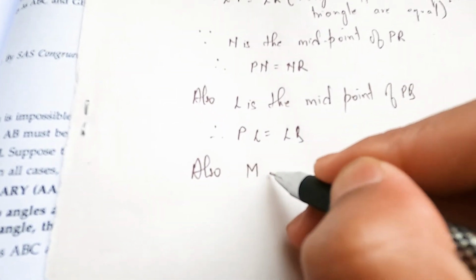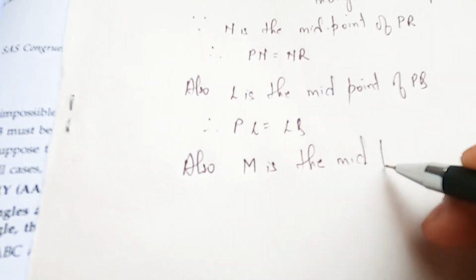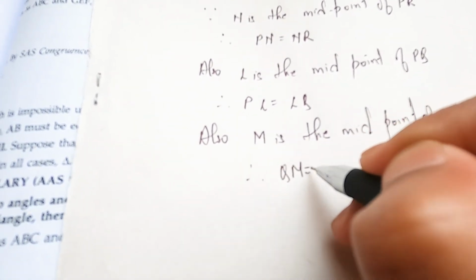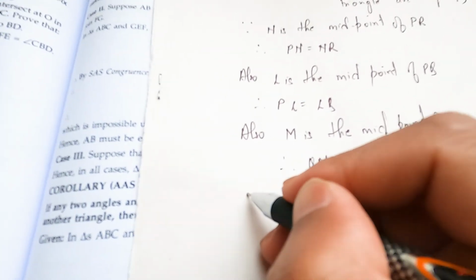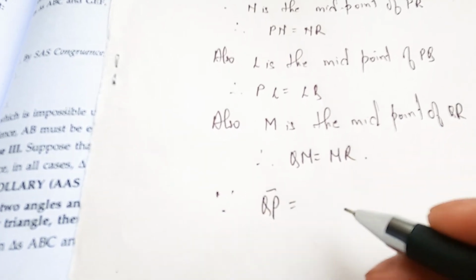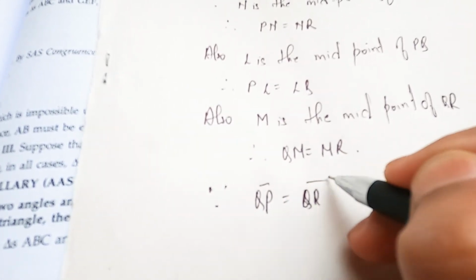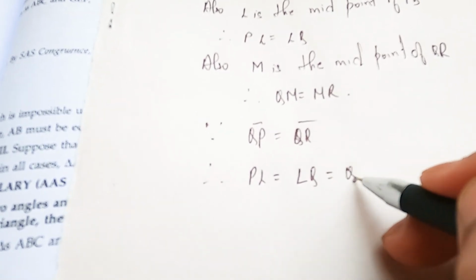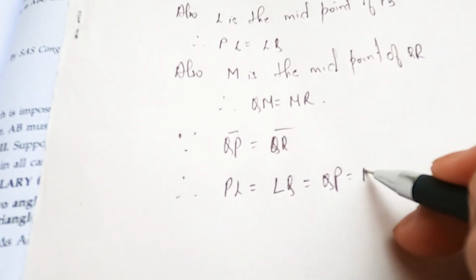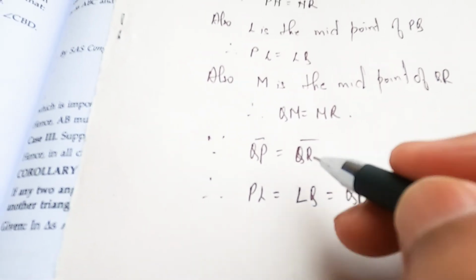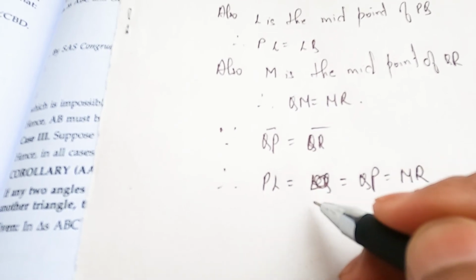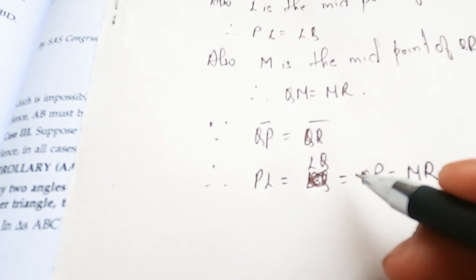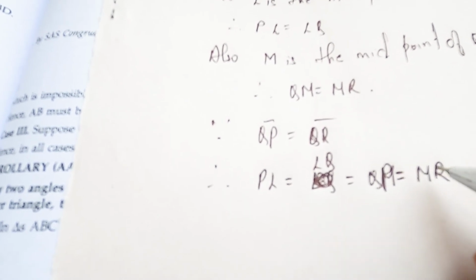Also M is the midpoint of QR, so therefore QM is equal to MR. So since side QP is equal to side QR, therefore PL is equal to LQ is equal to QM is equal to MR.